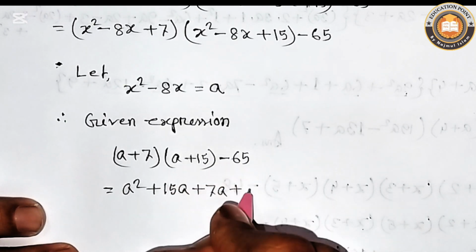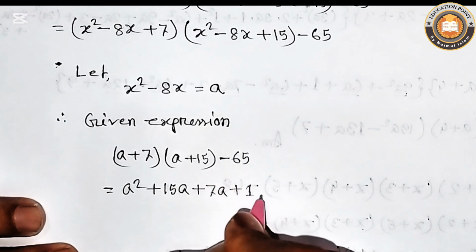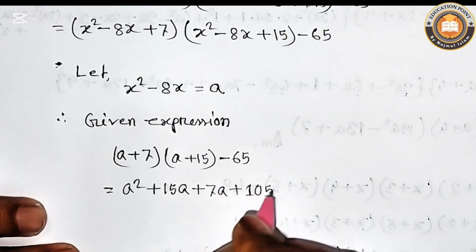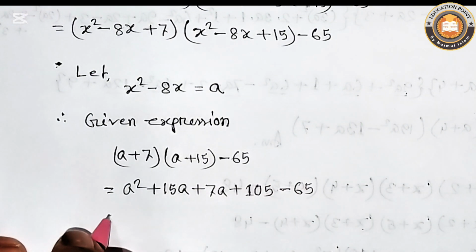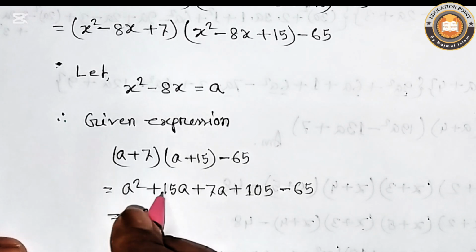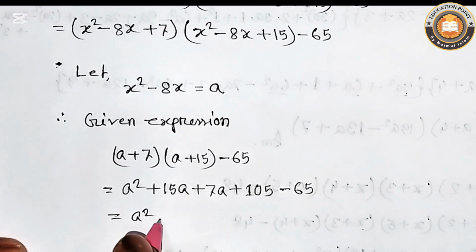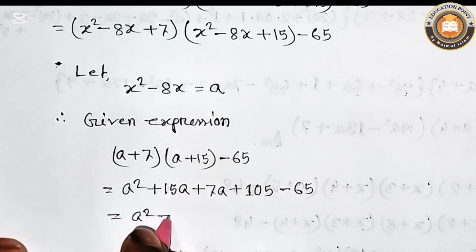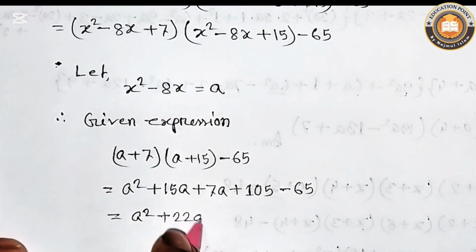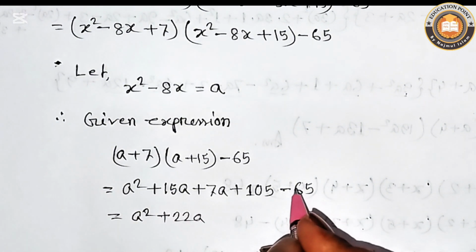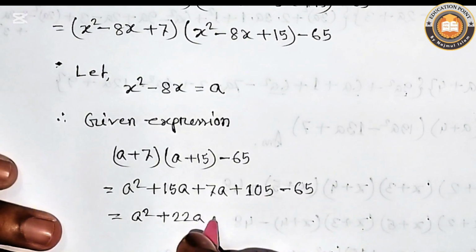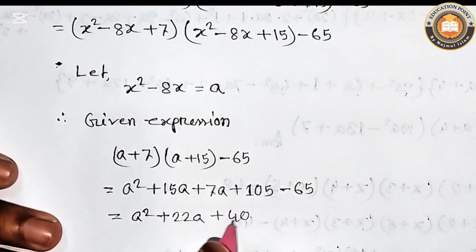7 times 15 is 105, then minus 65 equals a square, added value of 15 plus 7 a equals plus 22a, subtracted value of 105 minus 65 equals plus 40.